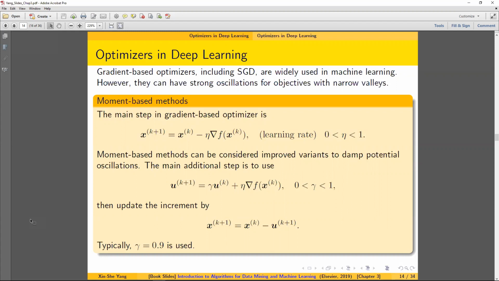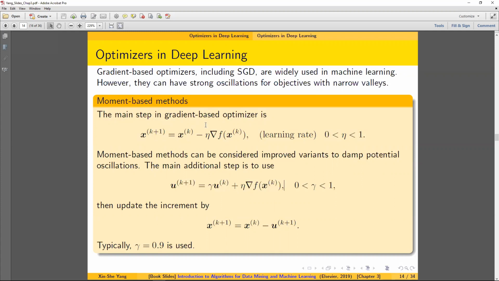Momentum-based methods can be considered improved variants to damp potential oscillations. The main additional step is to use something that is the definition of mu k plus 1.